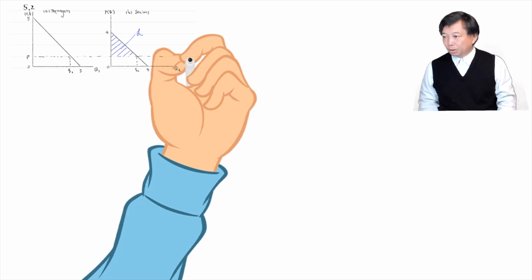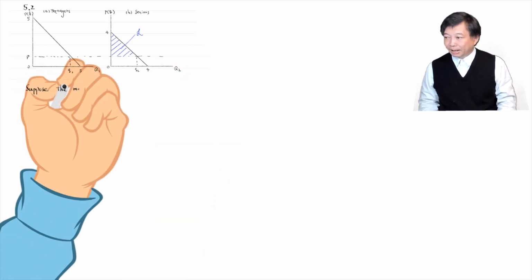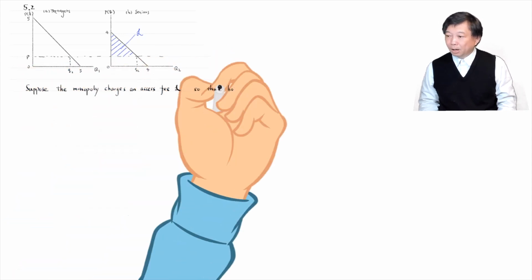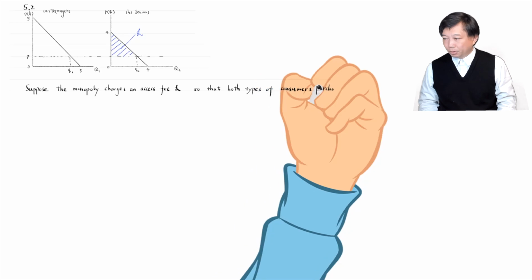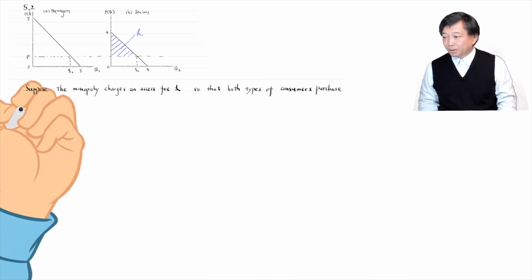The monopoly charges each consumer the same lump sum access fee and the same per unit price. We can draw a graph to help solve the problem. Suppose the monopoly charges an access fee L so that both types of consumers purchase. The access fee L equals the potential consumer surplus for the seniors.